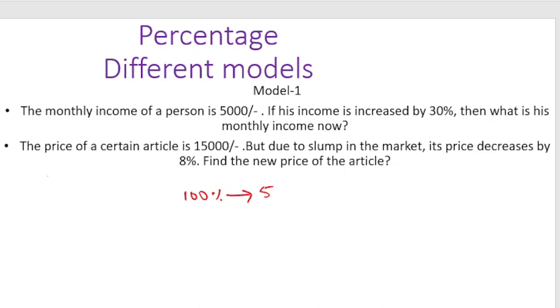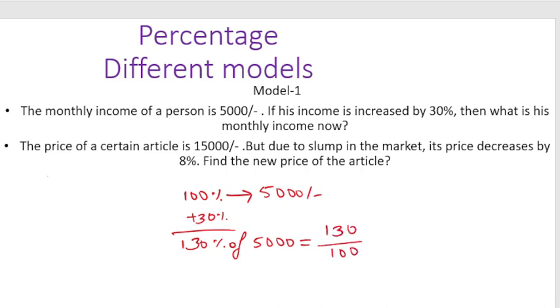Now his income is increased by 30 percentage, so overall it will become 130 percentage of the original income, so of 5000, then you will get the new income, that is equal to 130 by 100 into 5000.